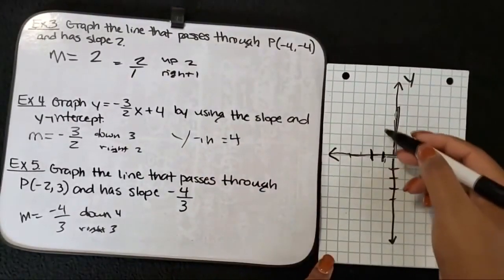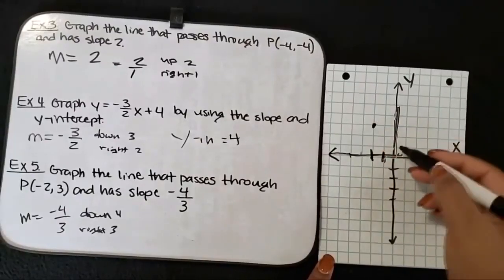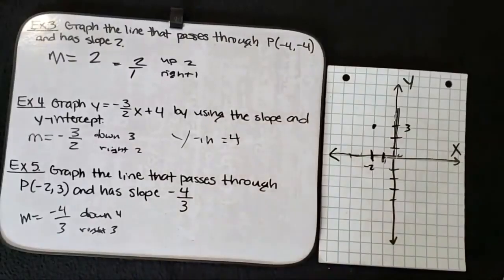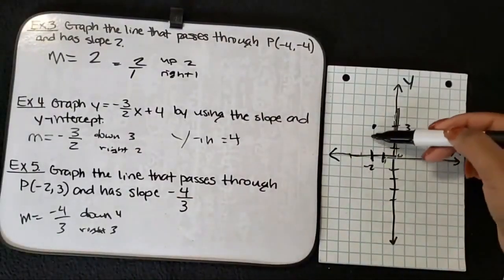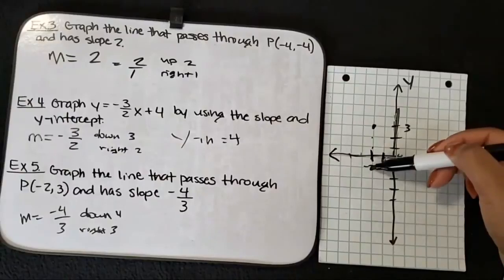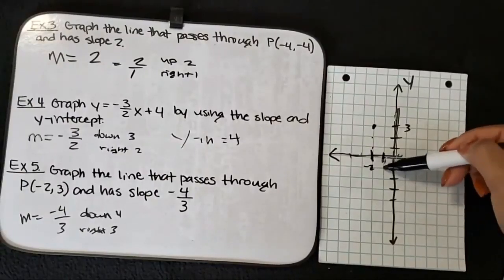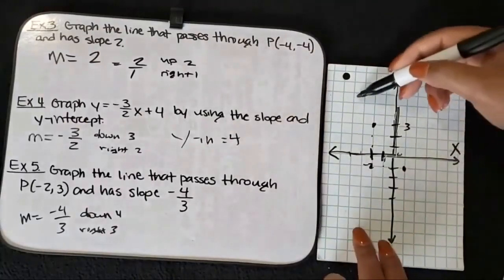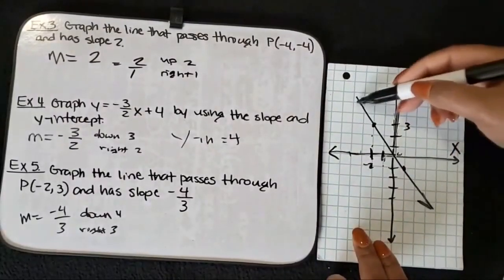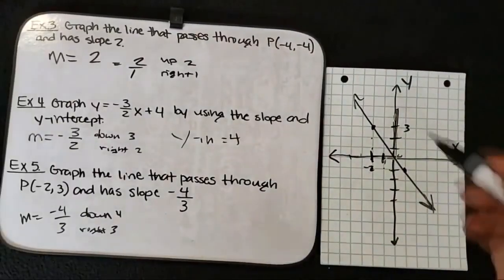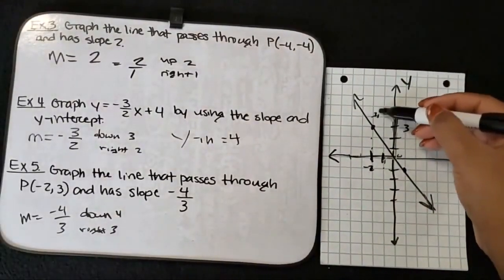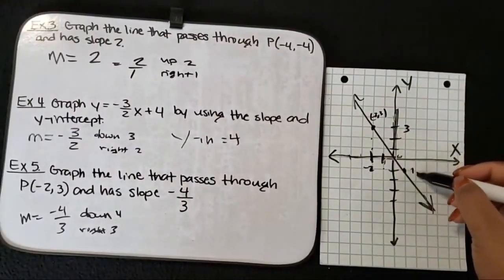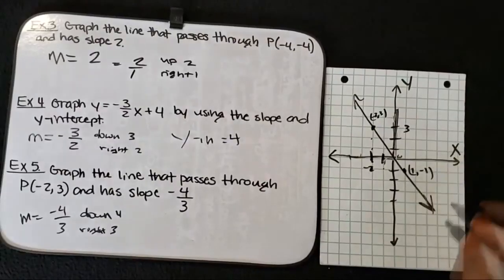So -2, up 3. Then we go down 4, 1, 2, 3, 4, and to the right 3, 1, 2, 3. And we connect it. This is (-2, 3), which is what they gave us, and this point is (1, -1).